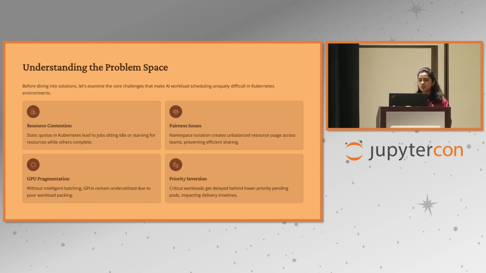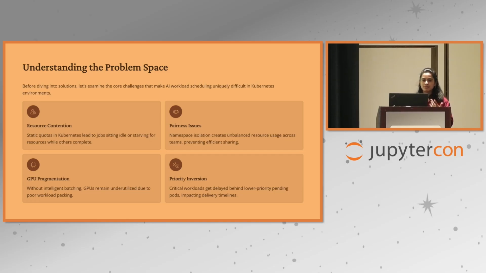There is also GPU fragmentation. Without intelligent batching, it's difficult for us to directly use a Kubernetes cluster. A Kubernetes cluster is an orchestration cluster, an infrastructure on which most of our cloud platforms are based.